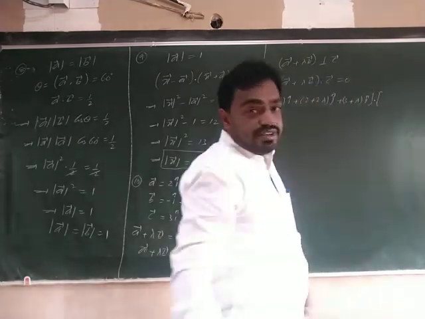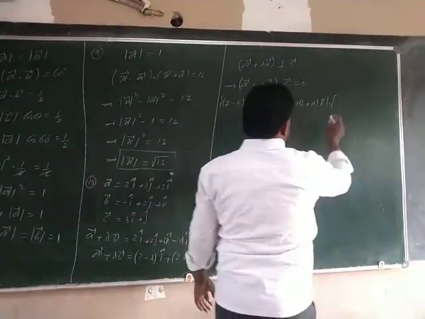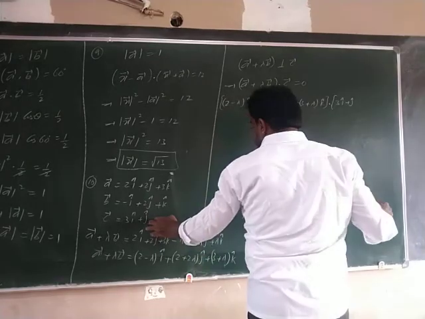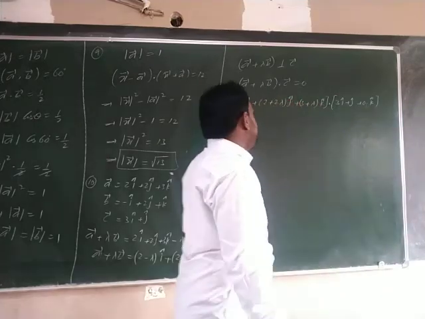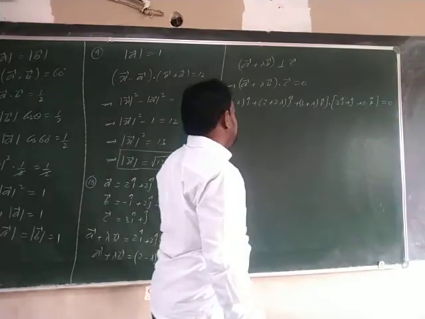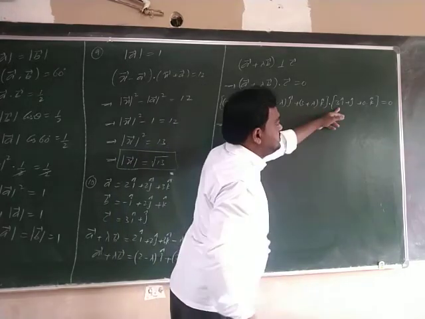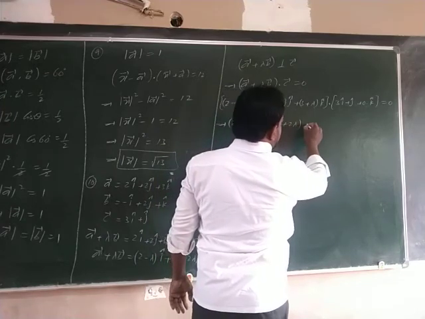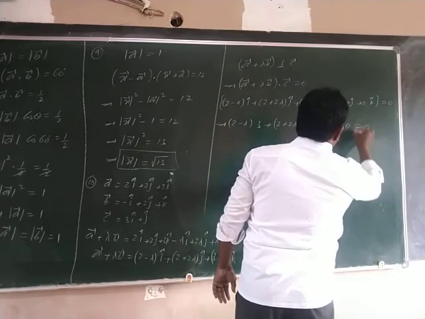Dot vector C. What is the vector C? Vector C is equal to 3i cap plus j cap. Here k is not there, so you write it as 0 into k cap, right? 0 into k cap. So that is 2 minus lambda into 3, the i coefficients product, plus j coefficients product 2 plus 2 lambda into 1, plus 3 plus lambda into 0, is equal to 0.